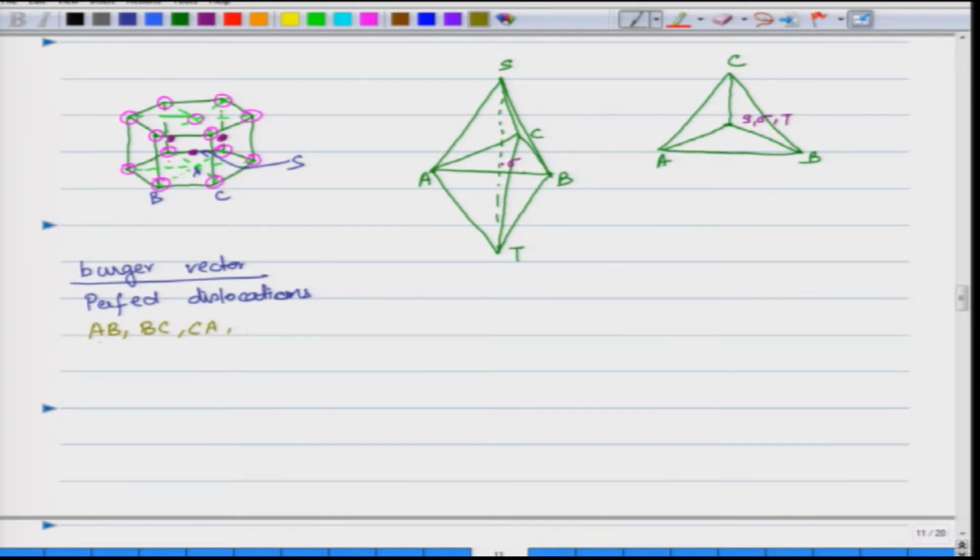And their negatives. So, although there are 3, when we add negatives it becomes 6.